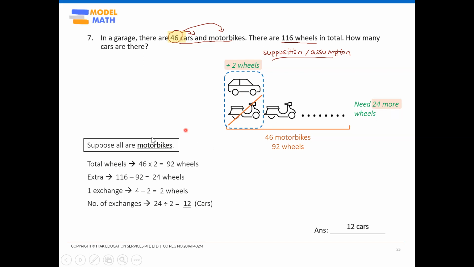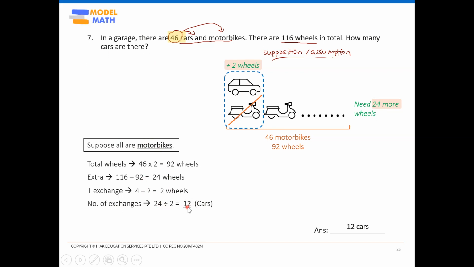So as you can see, back to my point as to why we suppose all the vehicles to be the other item instead of what the question wants: that will lead you to having what the question wants in your very final step. Just imagine, let's say you suppose all are cars instead.